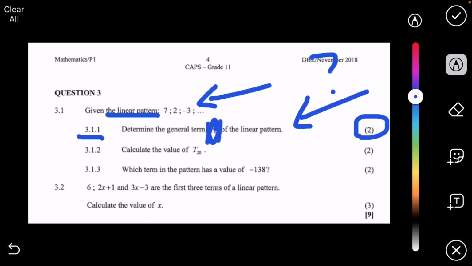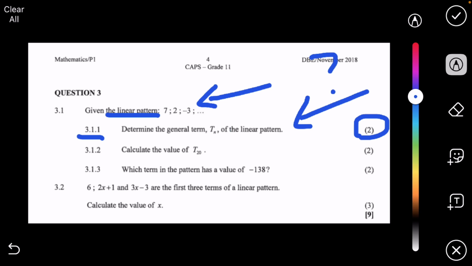If we remove Tn, we remain with determine the general term of the linear pattern. It seems to be making sense still. If you remove of, you remain with determine the general term Tn linear pattern.